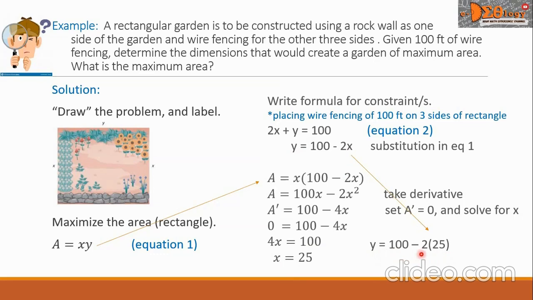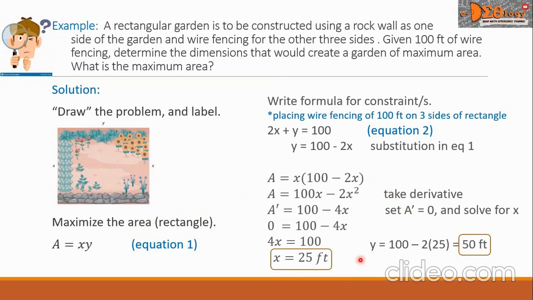So 100 minus 50 equals 50. So the value of x is 25 while the value of y is 50. We do not forget the unit of measurement, that is feet. These are the dimensions.